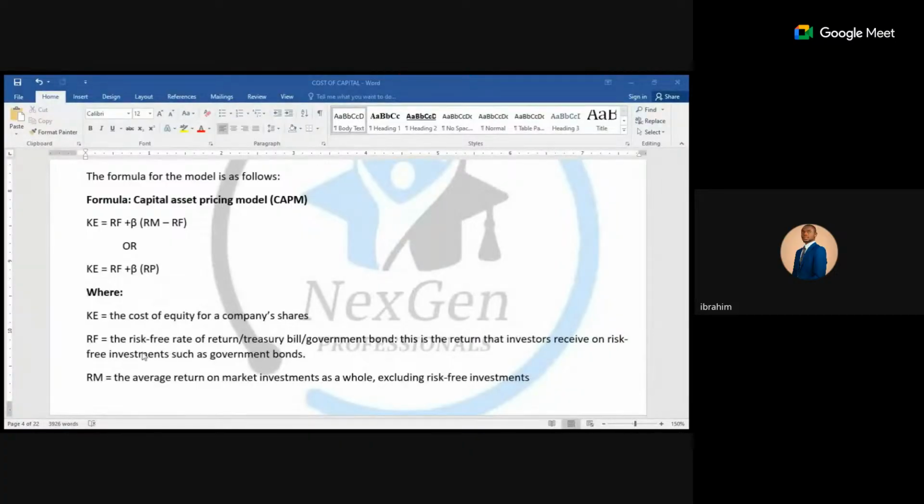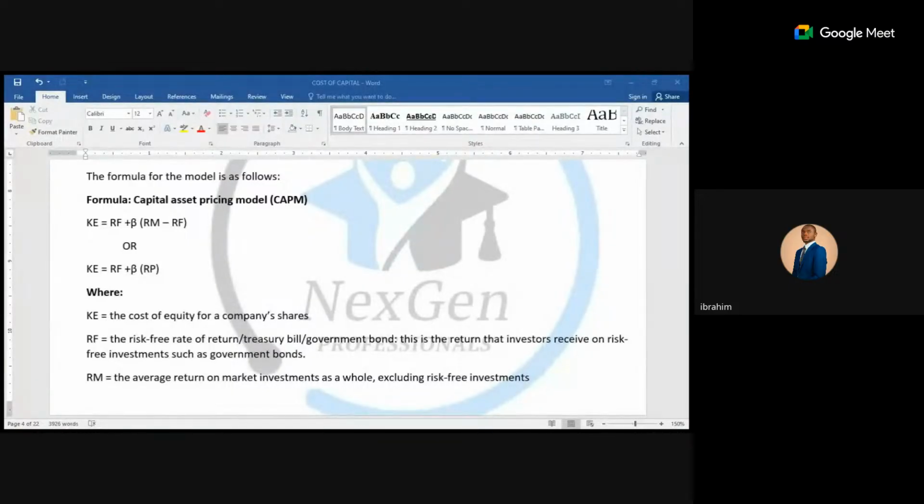Then RM is the market return. RM is the what? It is the market return. Right?